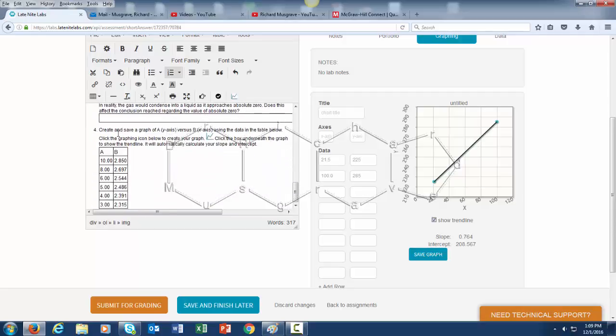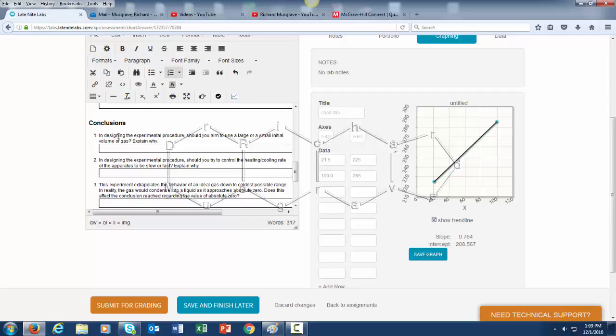Now, as for the conclusion questions, I am pretty confident that you can get at least half decent answers to those if you read through the background in the lab. So just reading the background portion in the lab portion will allow you to get a lot of those answers.